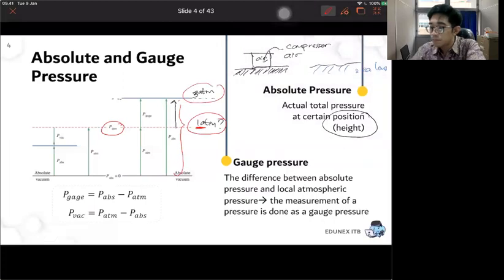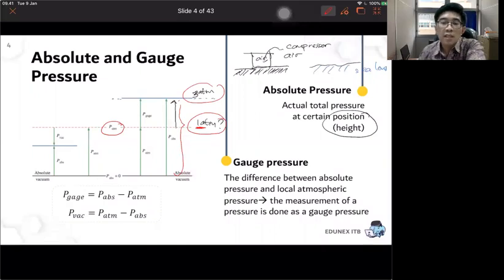Okay, now the tank is already compressed, still in the closed position, and then you measure the pressure inside the tank by using a pressure gauge.